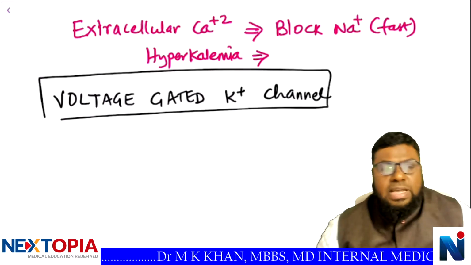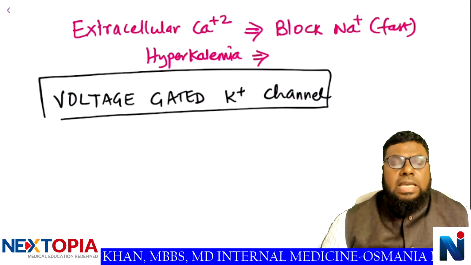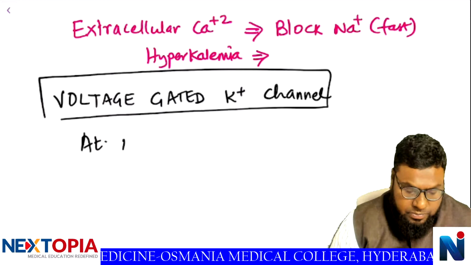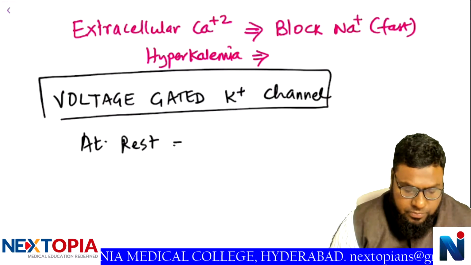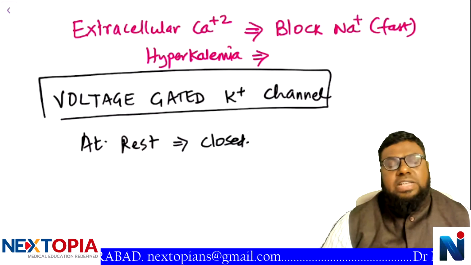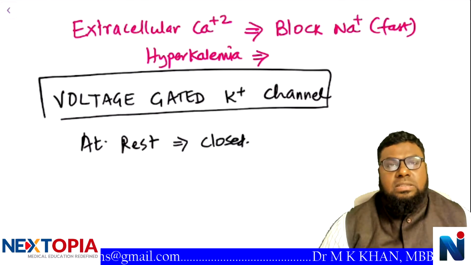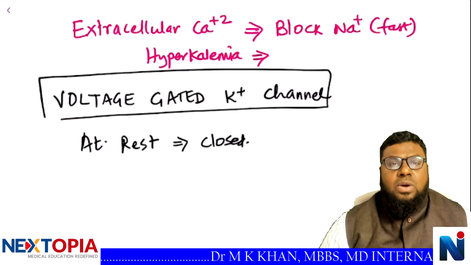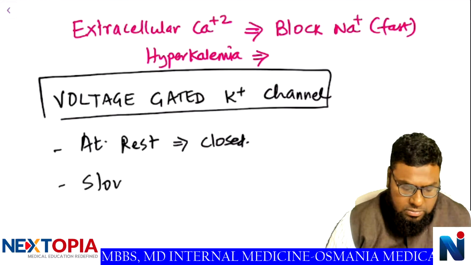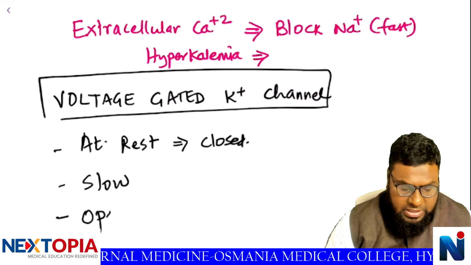This voltage gated potassium channel is actually closed in resting state. So at rest it is closed. But whenever depolarization occurs, depolarization opens the potassium channel. It is a slow channel and it opens at depolarization.